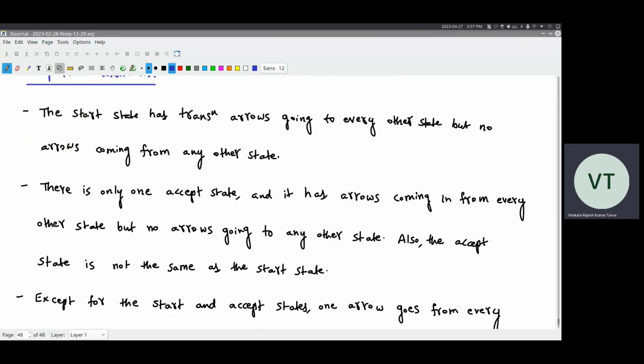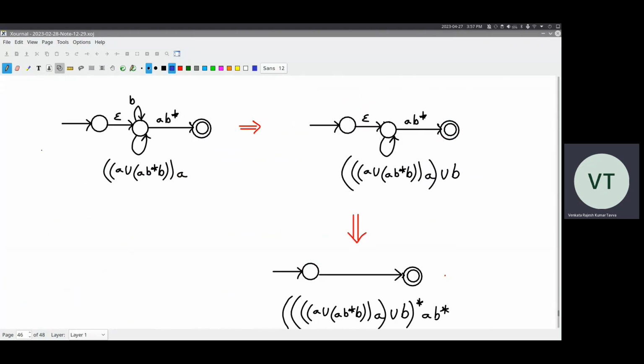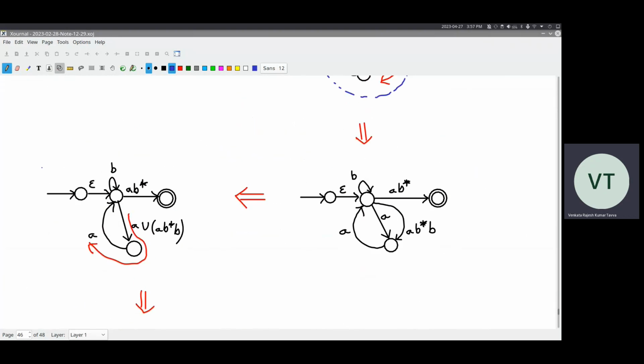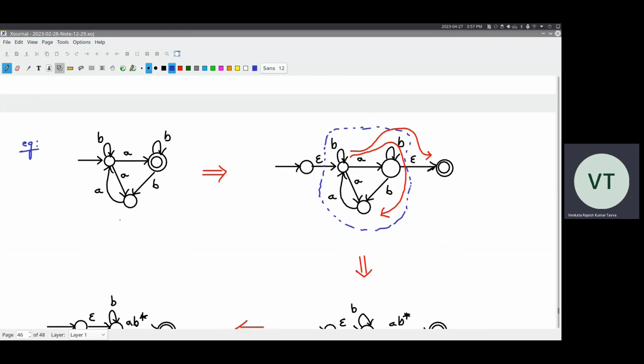And the example which we discussed in the last class, it's not exactly a GNFA, because this state does not have a self loop, and also this state does not have an outgoing arrow to the accept state. This is just an example which I gave so that I could show you how to condense a state diagram.